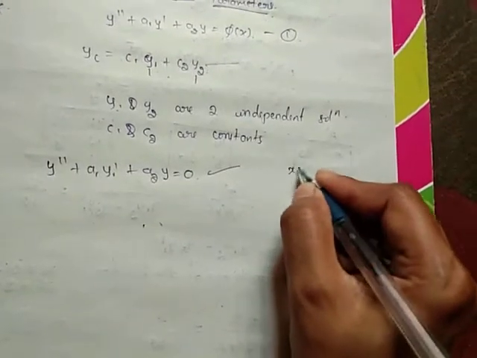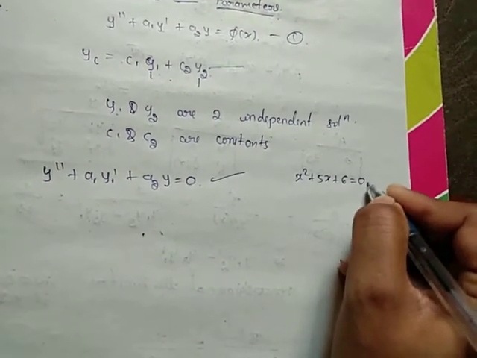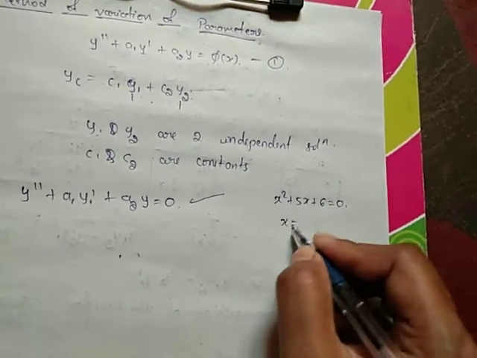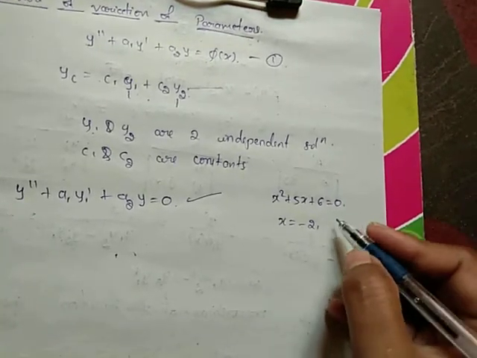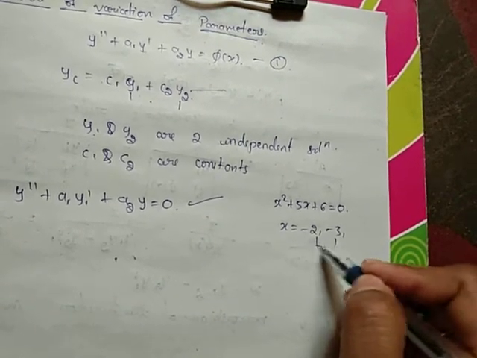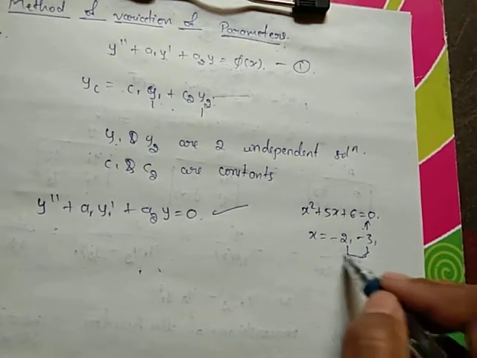consider an equation x square plus 5x plus 6 equal to 0. That is your quadratic equation. If you solve this equation, then you get the values x equal to minus 2, minus 3. These are the two solutions of the given equation. Those are independent.